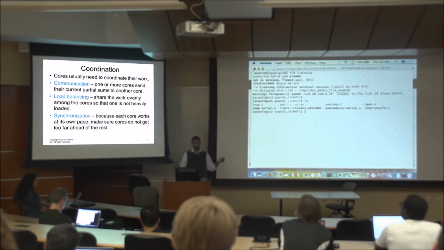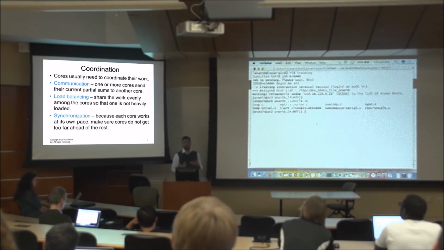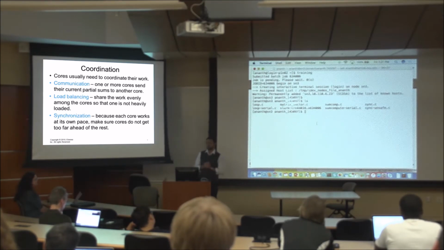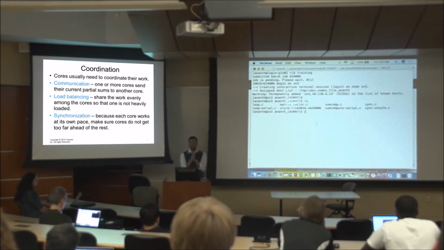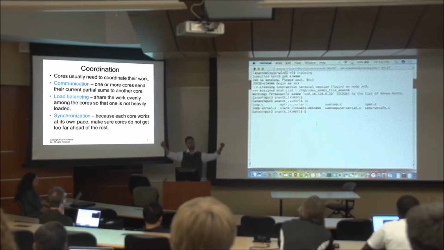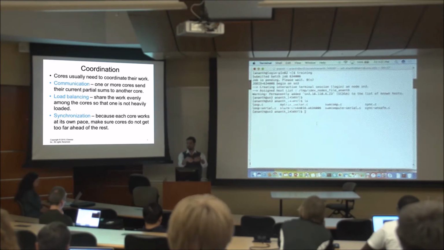So there has to be a communication. The other thing is keeping the load balanced. And also synchronization is a key concept. Synchronization essentially means that the processors need to understand, or at least try to get a global view of what other processors are doing at any given point of time. So a simple example would be if 3 processors are trying to write onto the same variable at the same time, right?